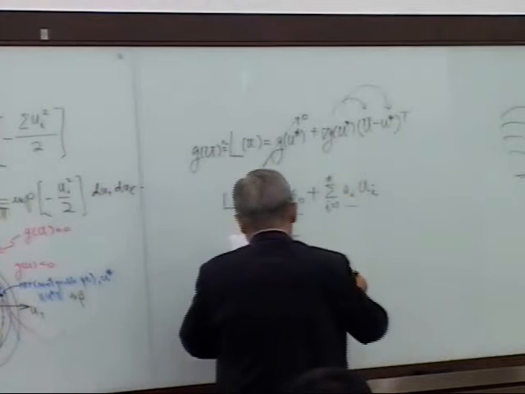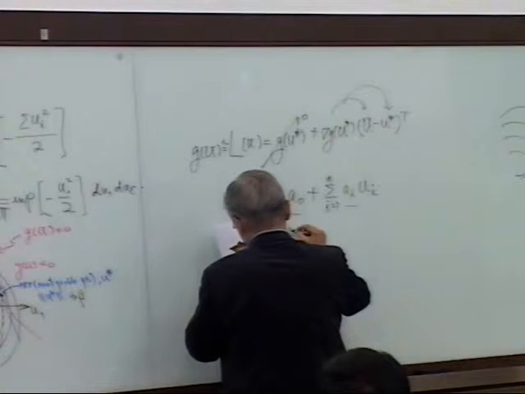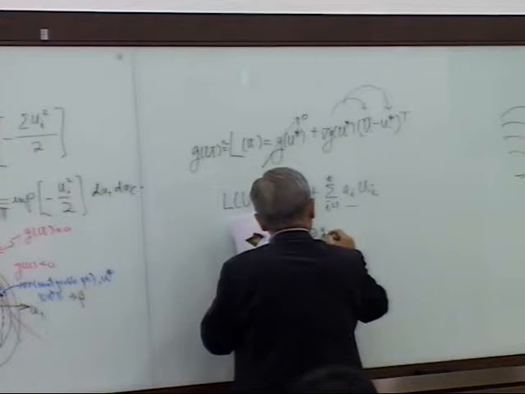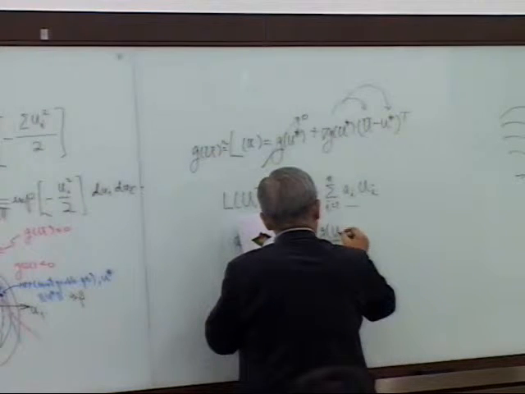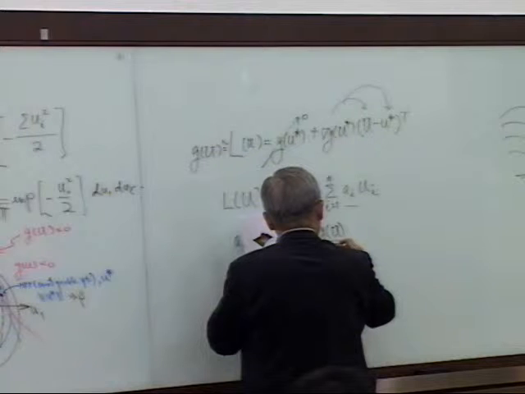After you multiply out that, i is equal to 1 through N. This is what you have to eventually compute.